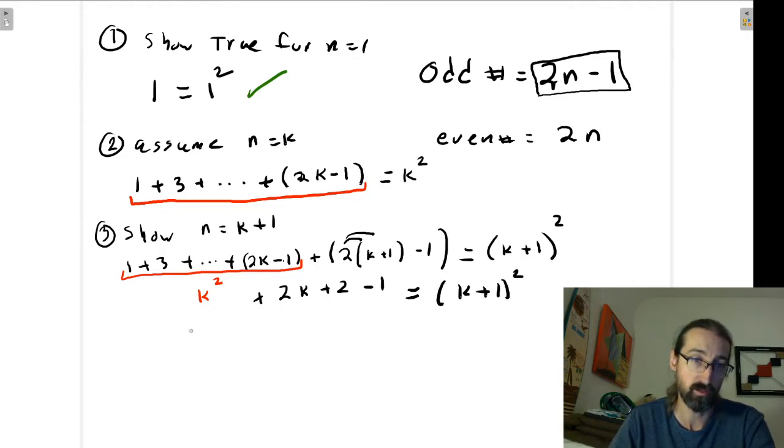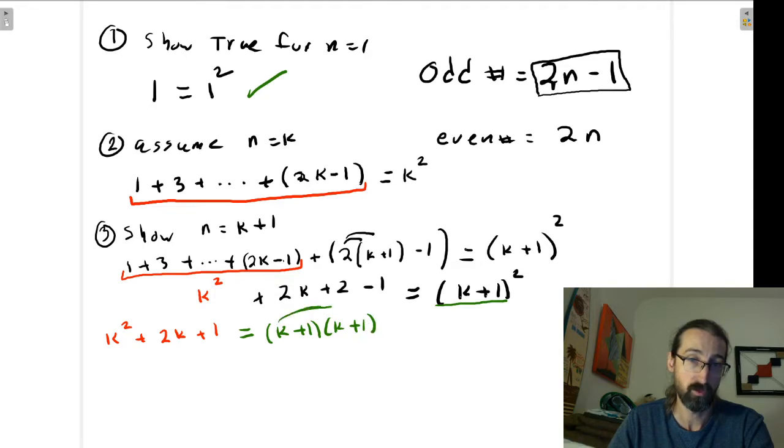So if I rearrange this a little bit, let me do the part in red. So if I go k squared plus 2k, 2 minus 1 is plus 1, that should equal this thing here, k plus 1 squared. K plus 1 squared, when the parentheses are squared, remember, don't kill puppies, that means k plus 1 times k plus 1.